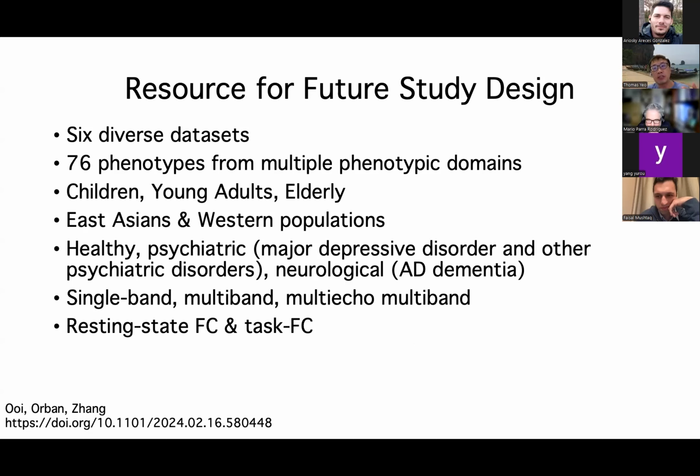We found that 76 phenotypes across phenotypic domains have a good fit to Tom's model. Our data consists of children, young adult, elderly participants from China, Singapore, North America. We have healthy participants, as well as participants with psychiatric disorders, including major depression and other psychiatric disorders. We also have participants with AD dementia and mild cognitive impairment.